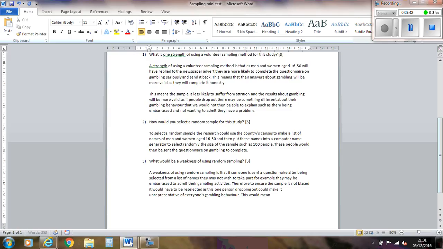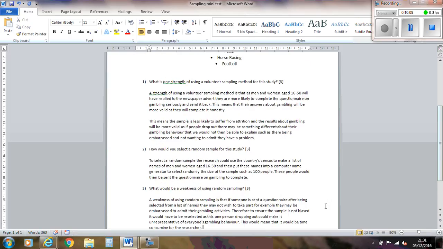This would mean that it would be time consuming for the researcher. So we've said the problem with it is they might not wish to take part, and that's going to bias our sample. It's going to have to be reselected, but the key thing is this makes it time consuming for the researcher. Quite a few people are missing that off. So you need to make sure you've got those 3 points in there to get the 3 marks. So that is how you should have answered it.